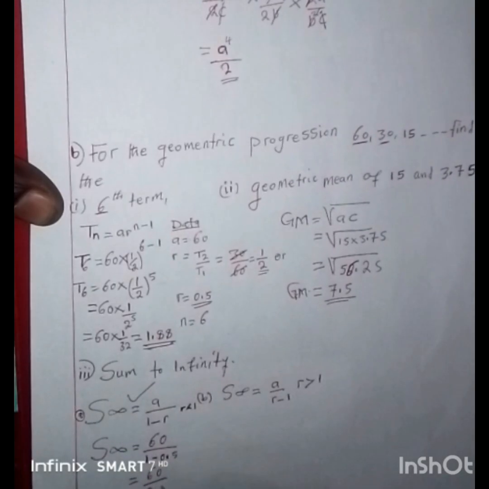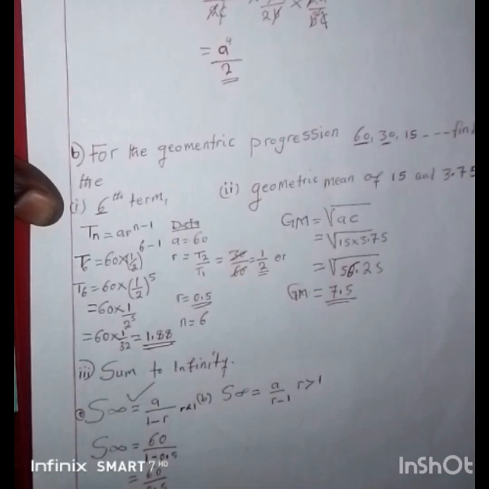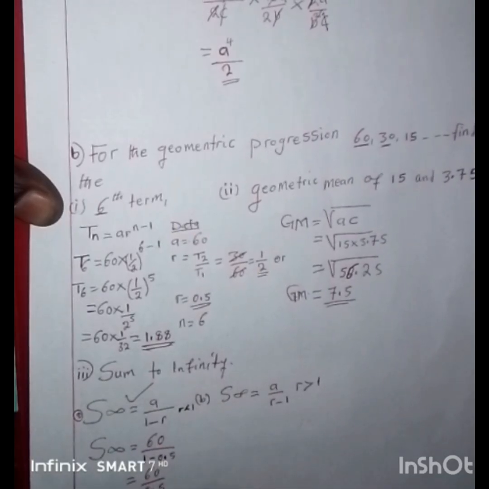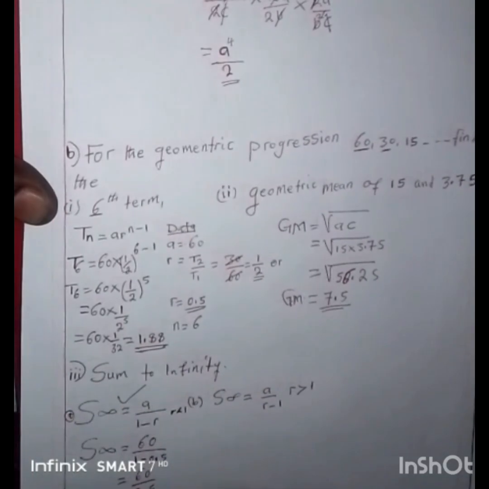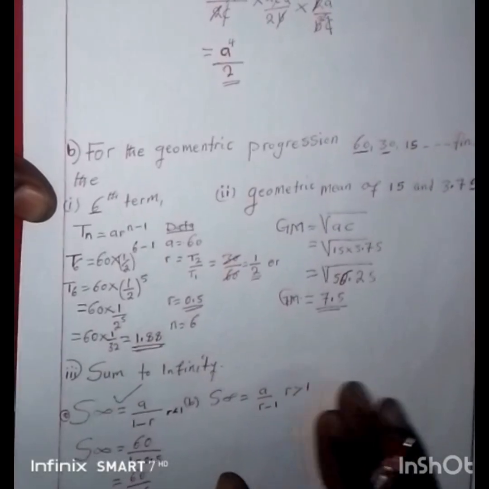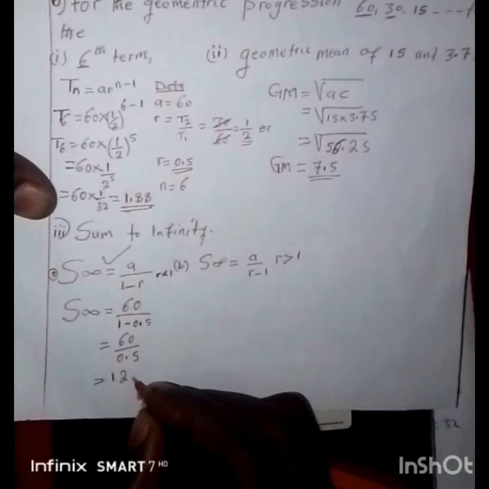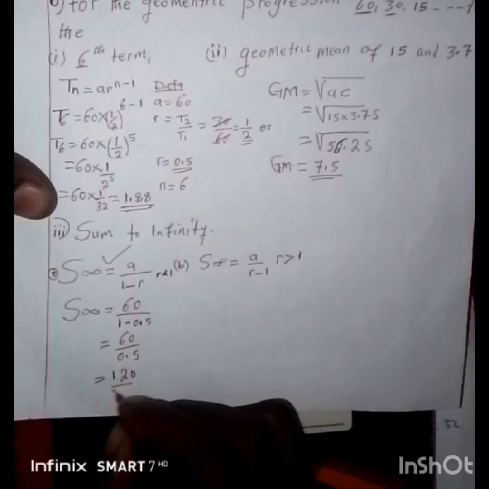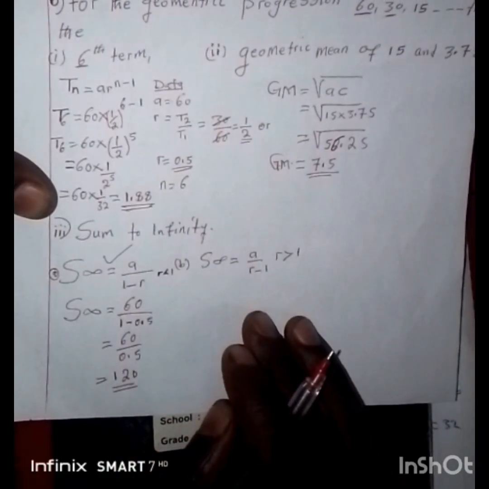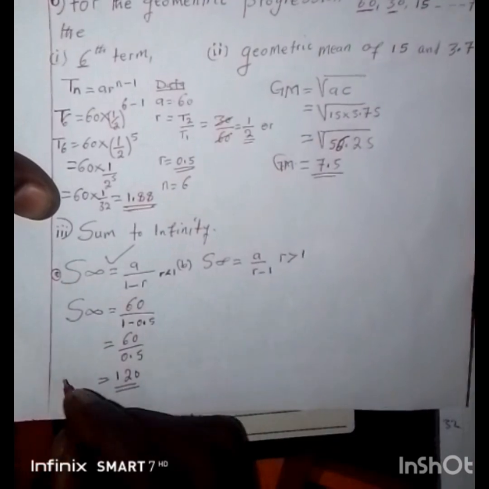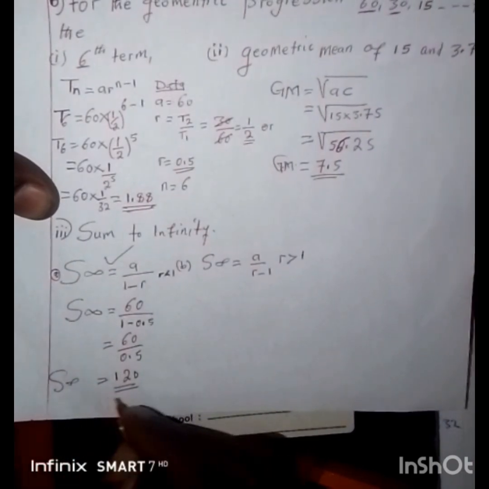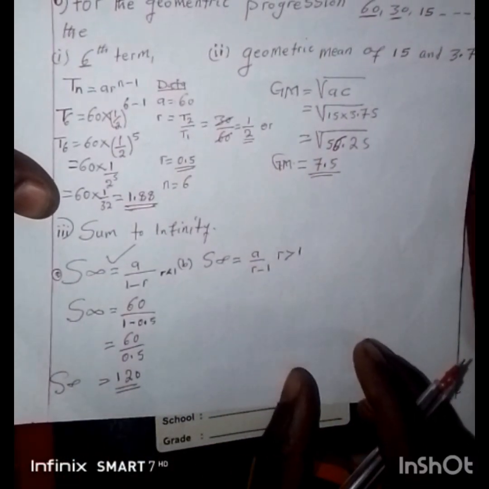It is 0.5. When you divide this, it will give you 120, and that will be our sum to infinity.